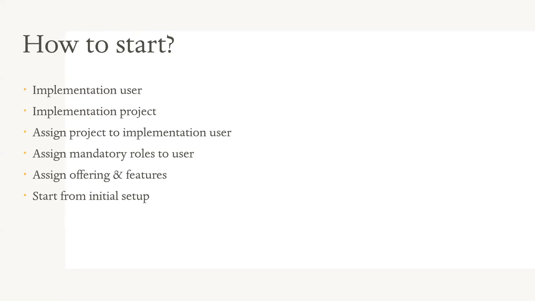And then we assign the roles to the user, which is what we saw in the previous slide: two roles to be assigned, IT security manager and application implementation consultant. After this, we assign the offerings and features for the project so that we can start our setups. These are the steps we have to follow.